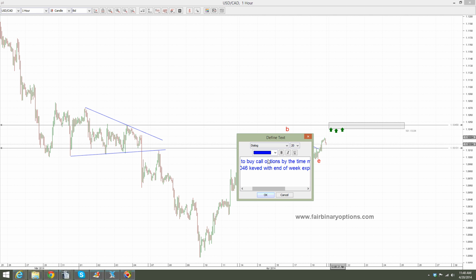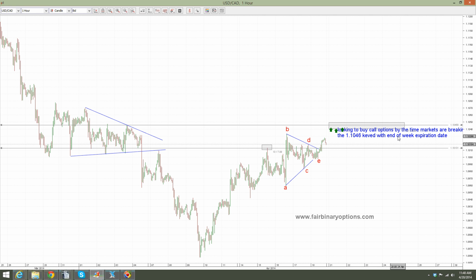Let's change the color for it. And it is as simple as that.